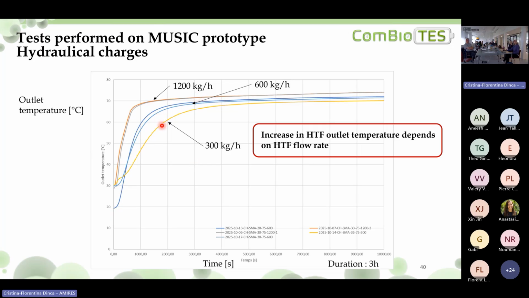You see that the heat transfer fluid outlet temperature, of course, increases with time, and this increase depends on the flow rate. But this is quite normal, and you can see that it is quite repeatable.